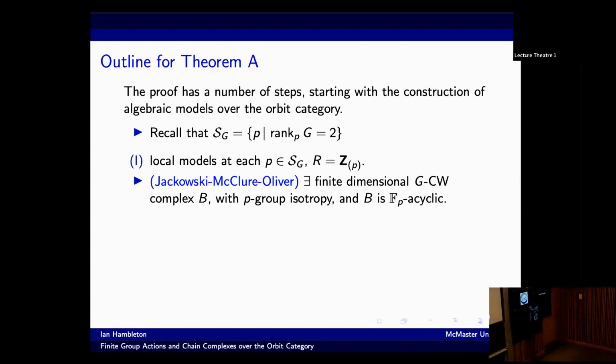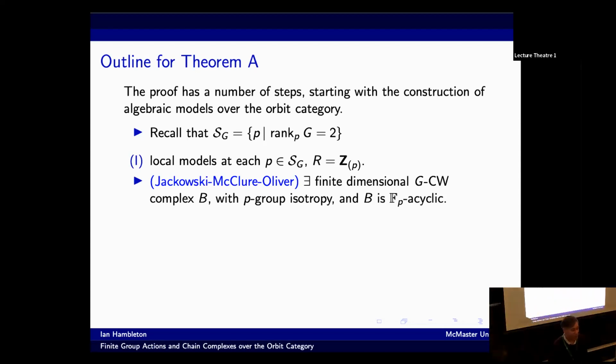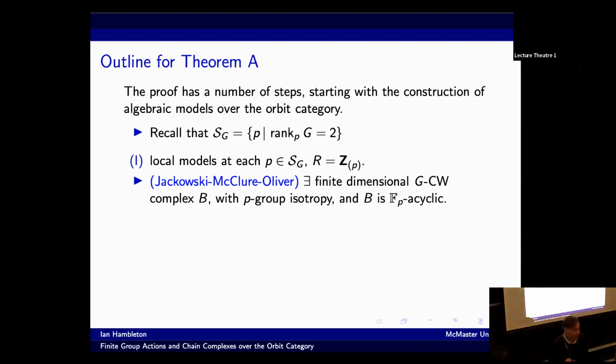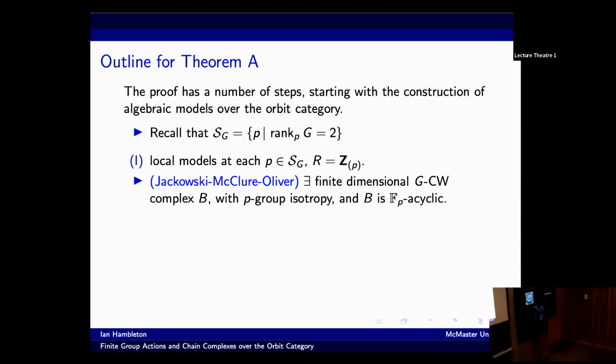If you know something about Bob Oliver's thesis and early work on transformation groups, this is the kind of thing that he was doing. He was producing various sorts of contractible complexes as a model for group actions. But this is a later development of that. This is not that easy. None of the work we're quoting of other people is that easy to do, but we're happy they did it.